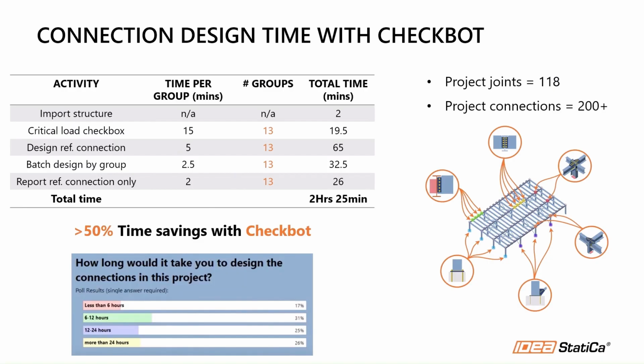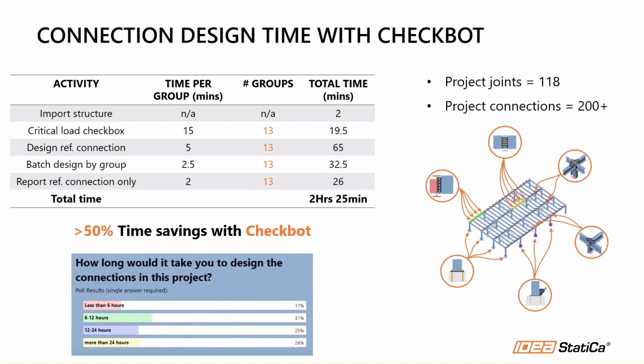We ran the analysis and looked at how much time it would take to create this project. So a quick outline of this project. This project had 118 joins with over 200 connections within this single project, and it dealt with a combination of simple and complex connections from steel to concrete connections.